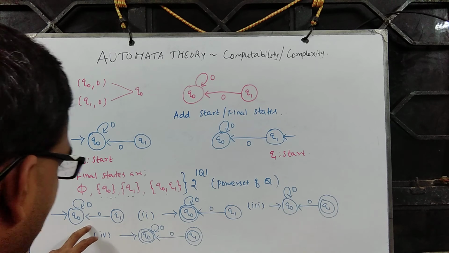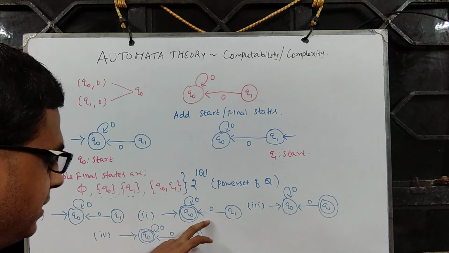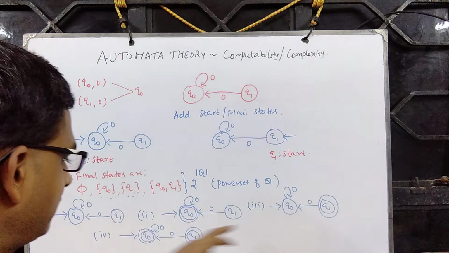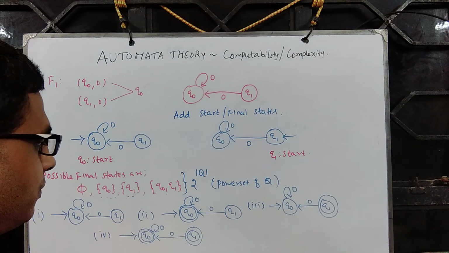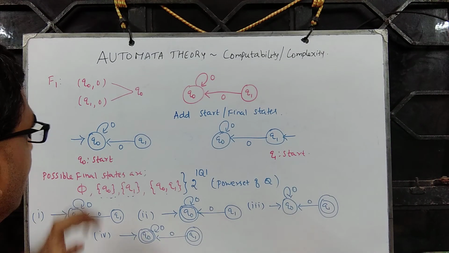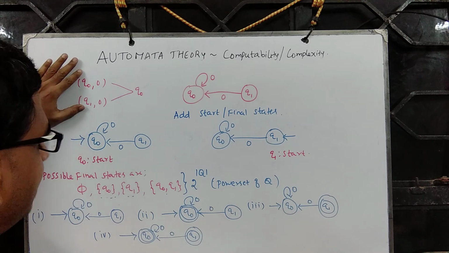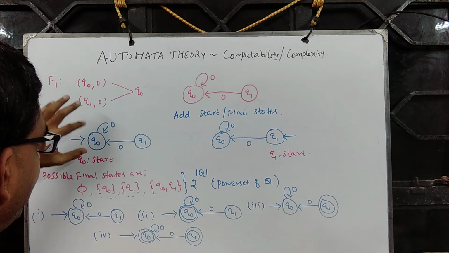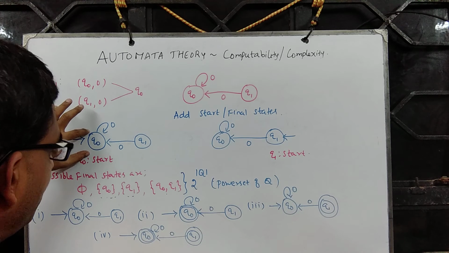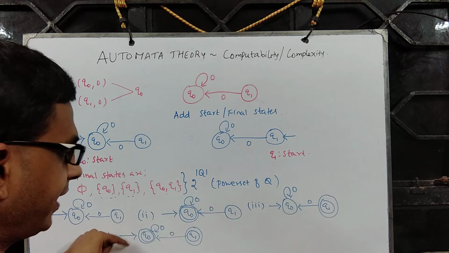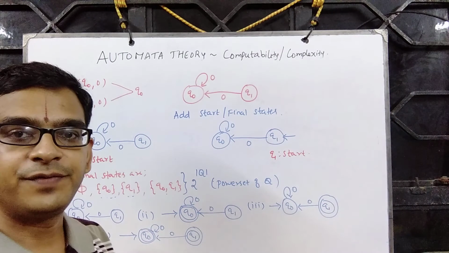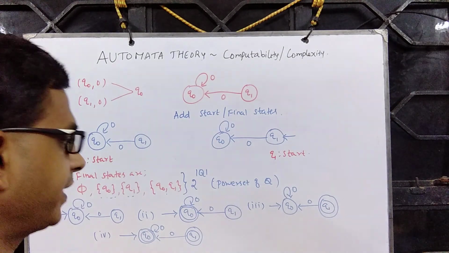This automaton is different from this, is different from this, and different from this. What is it that we have achieved? By taking this function, by keeping q0 as the start state, we have identified 4 different deterministic finite automata.